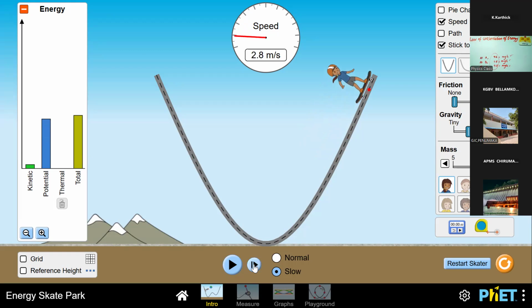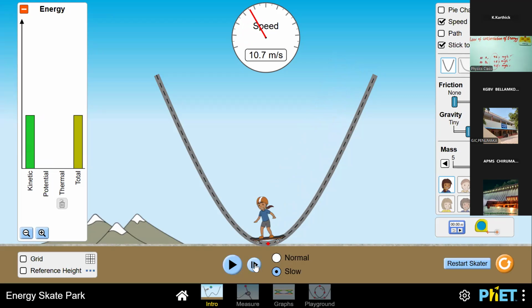You can do it more and more, but at no point will you see the total energy fluctuating. So when the person falls down, potential energy decreases because height decreases. Speed increases, so kinetic energy increases. Once the person hits the bottom or ground level, only kinetic energy is there, and potential energy is zero, in the case of no friction.